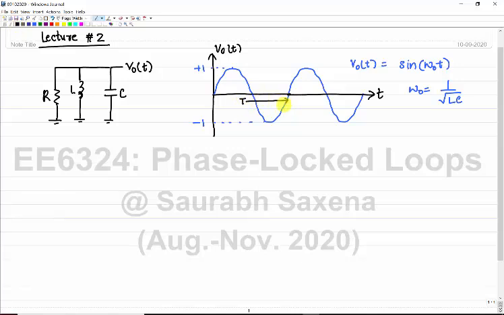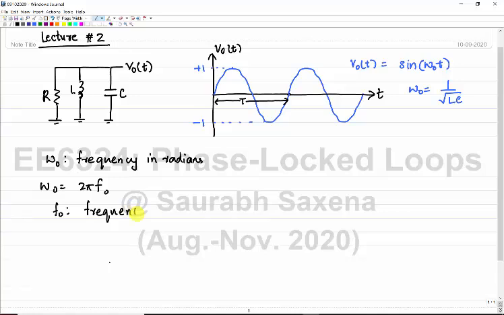So this is the time period of the sine wave, everyone knows it. So I have my omega naught, which is normally called the frequency of the clock in radians. Okay, radians is the unit, and omega naught is equal to 2 pi f naught, where f naught is the frequency of the clock in hertz.